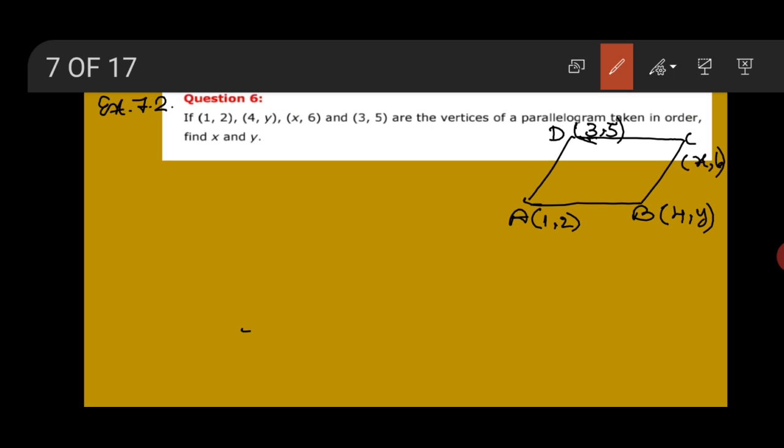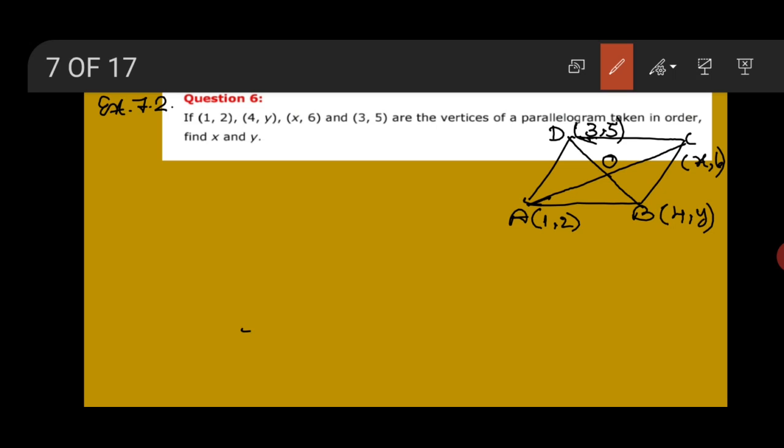Now we know the property of a parallelogram. Diagonals bisect each other. So draw the two diagonals and they intersect at O. So we can say AC is a diagonal. So what about O?